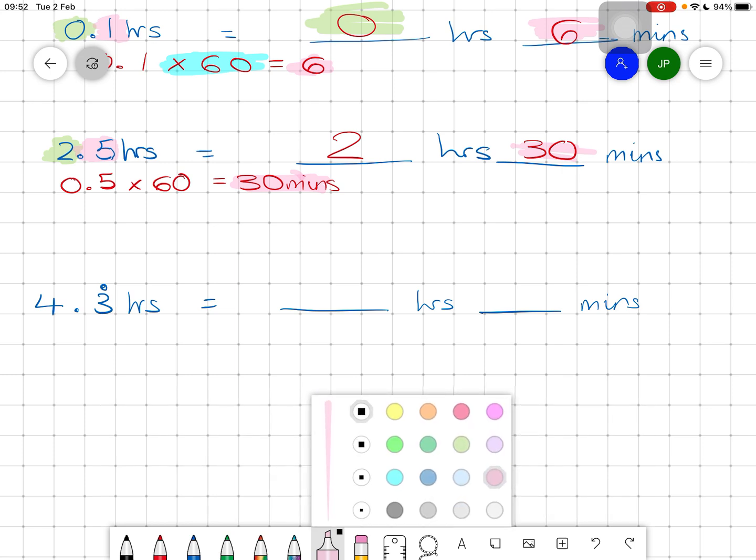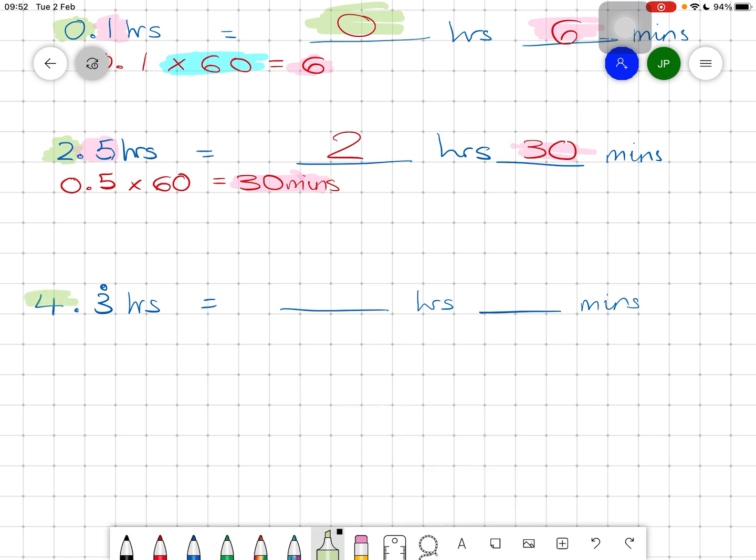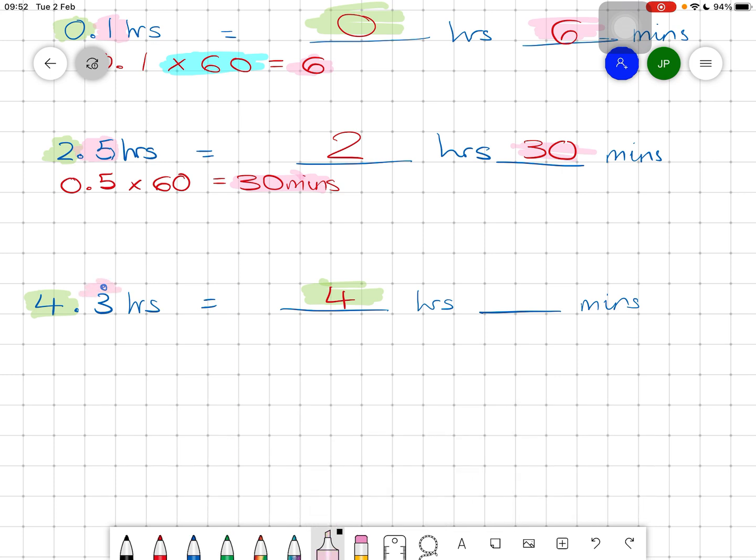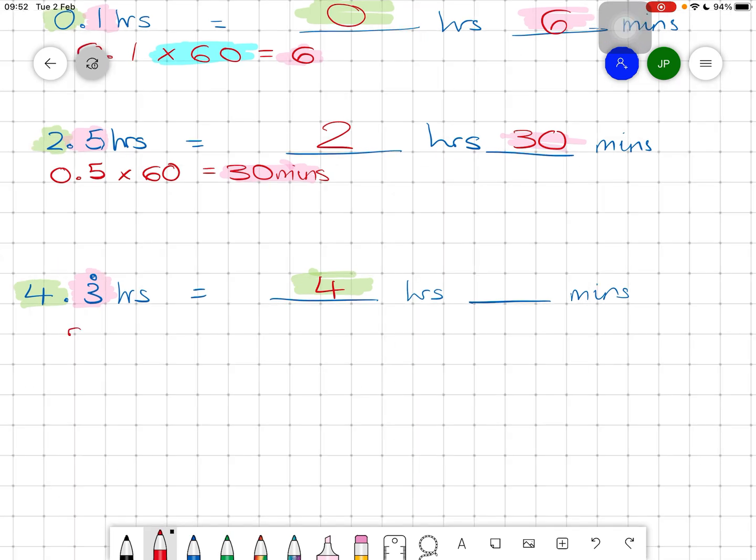Again, 4.3 recurring hours, and again that recurring dot is really important. First of all, 4 full hours gives me 4 hours in there. I then take my 0.3 recurring, make sure you use it as 0.3 recurring, so it's 0.3 recurring times by 60.